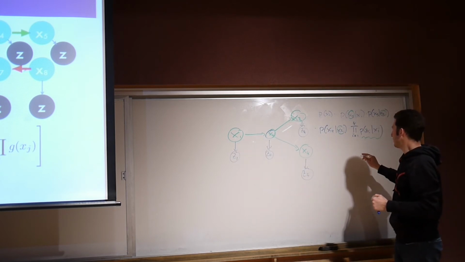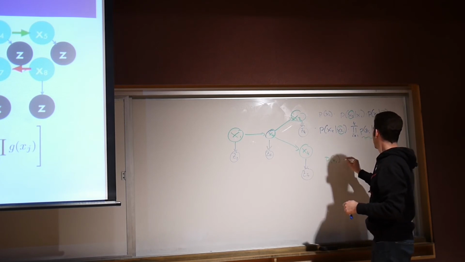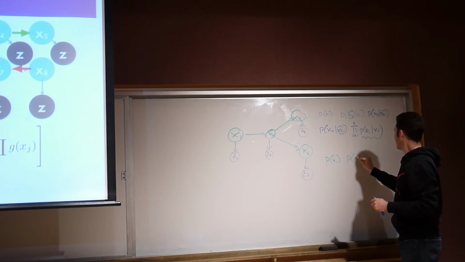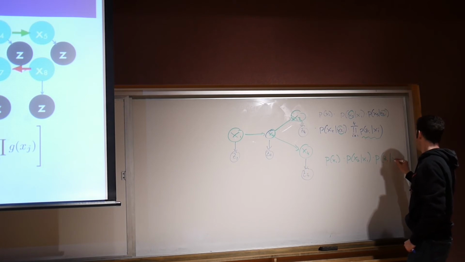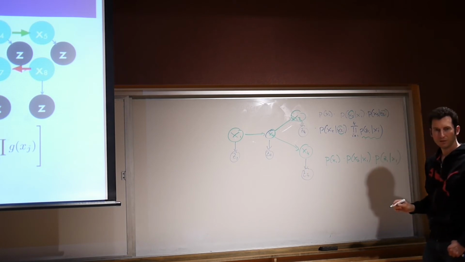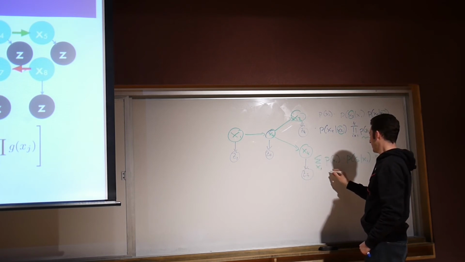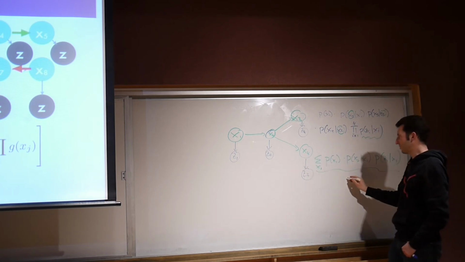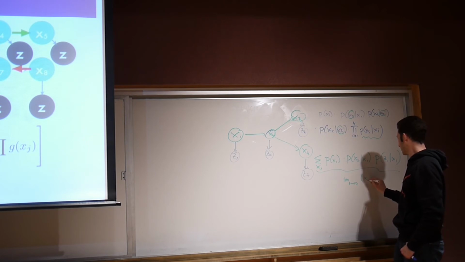Right. So pulling out the x1 terms, we have P of x1 times P of x2 given x1 times P of z1 given x1. So I can perform a summation over this, and this is going to be some function, m going from 1 up to 2 of x2.